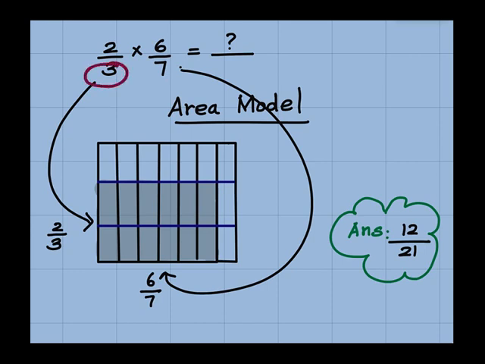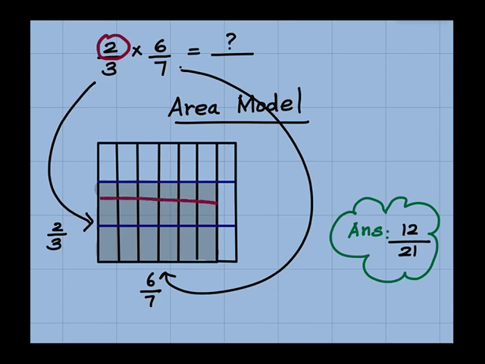So this is one row. That's one row. Then this is the second row. And this is a third row. There are 3 rows. That is why the denominator is 3. And the numerator is 2 because 2 out of the 3 rows is shaded.